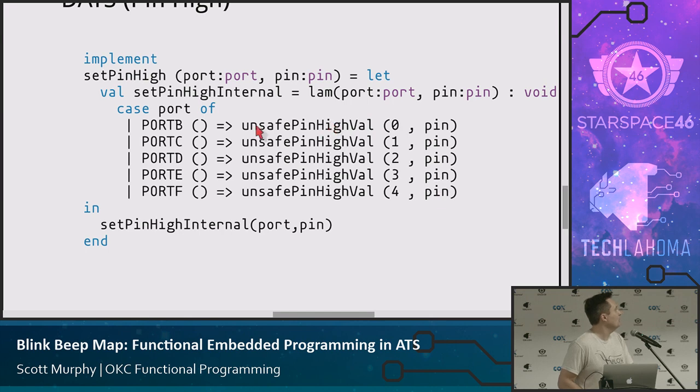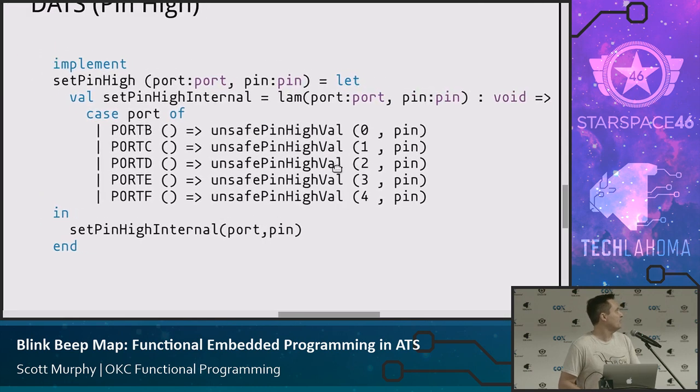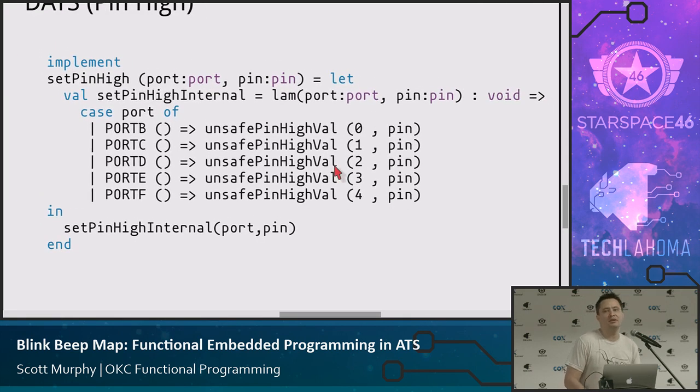So what we have here is we know that the port has to be a valid port because we said what all the valid ports are, and we know it has to be a valid pin because we said what the maximum pins are. So those are already guarantees that are starting to outstrip what you'll get in C without a lot of work. And in fact, the guarantee on the pin would be really difficult to implement in something like Haskell, because it's so flexible that you can change the size of that pin out easily.